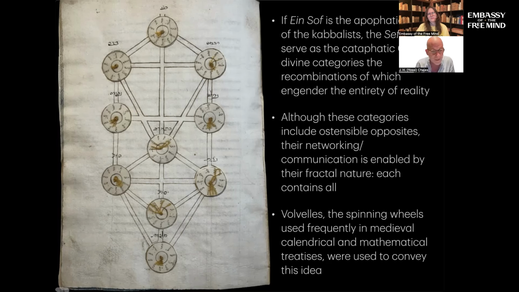One of the questions that Kabbalists had to answer was, if these Sfirot represent opposite qualities, how is it that they can even communicate? Because as we know in pre-modern scientific terms, occult channels of communication open up through resemblance.